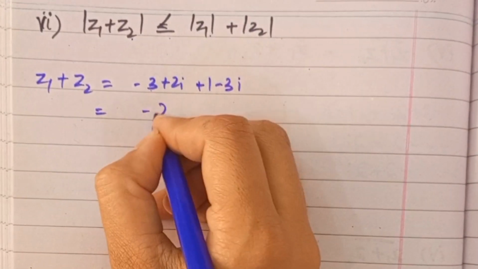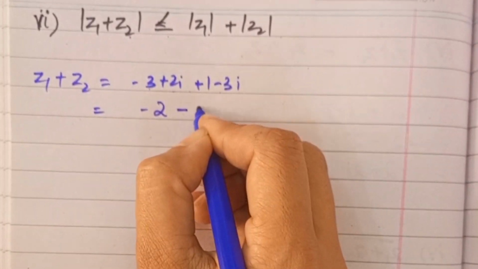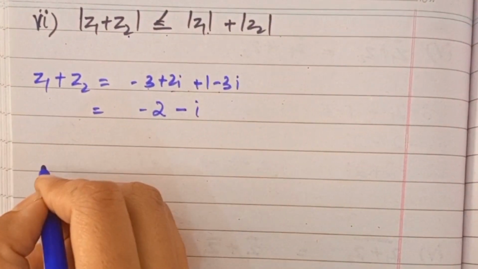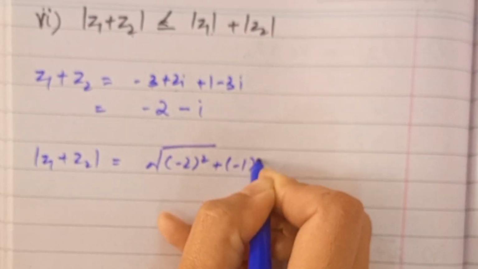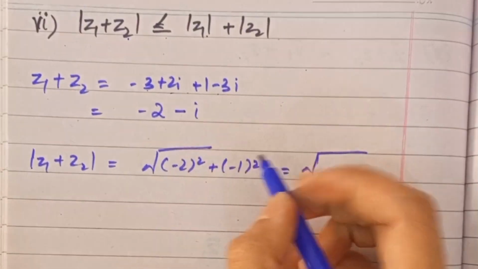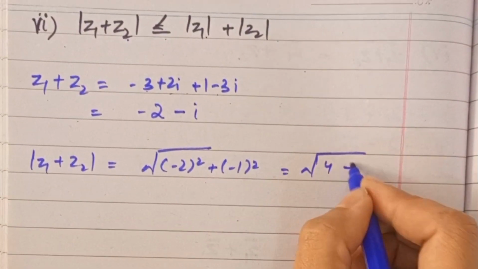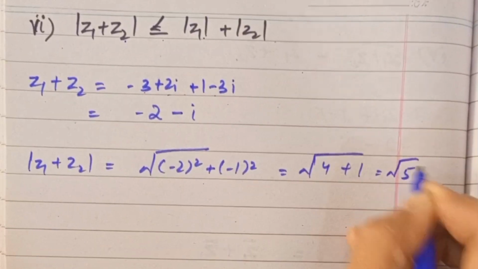First we will add z1 plus z2. Minus 3 plus 1 is minus 2. Minus 3 iota plus 2 iota is minus iota. That is minus 2 square plus minus 1 square. Minus is positive, 2 square is 4 and 1 square is 1. 4 plus 1 is 5.